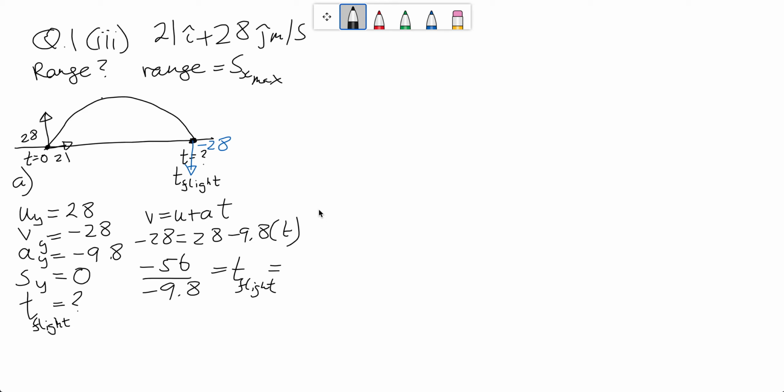So 5.7 seconds, okay? So it would take 5.7 seconds to get to there. So that t there is equal to 5.7 seconds.